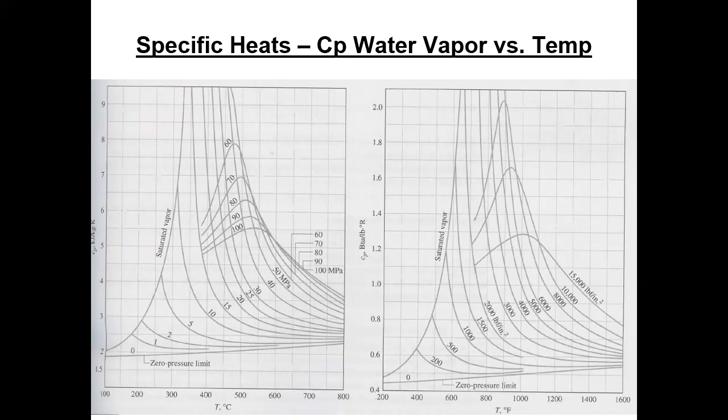The first line is 200, and there is some variation as a function of temperature if you stay at 200 and then vary the temperature significantly. So it just depends on the range you're working in, how much the variation in specific heat is going to be. And notice the units, BTU, that's energy, per pound per degree.